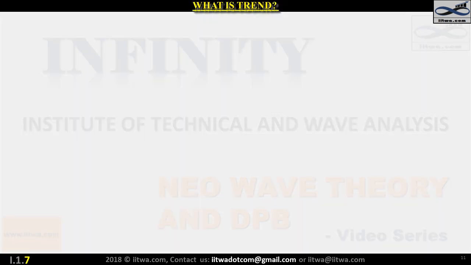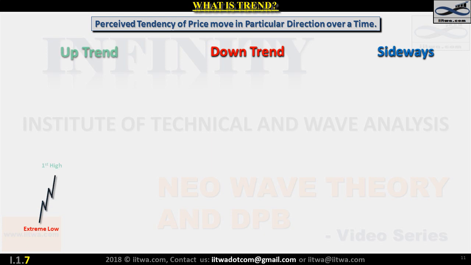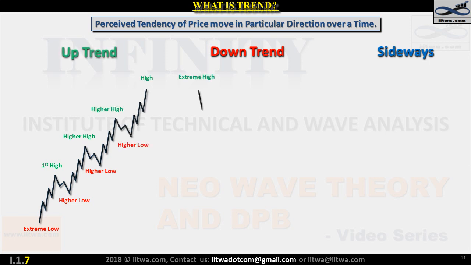The next question is, what is trend? The trend is the perceived tendency of price to move in a particular direction over a particular time. There are three types of moves of stock market price behavior: uptrend, downtrend, and sideways. An uptrend is a price move starting from a particular extreme bottom towards the upside, creating a series of successive higher highs and higher lows.